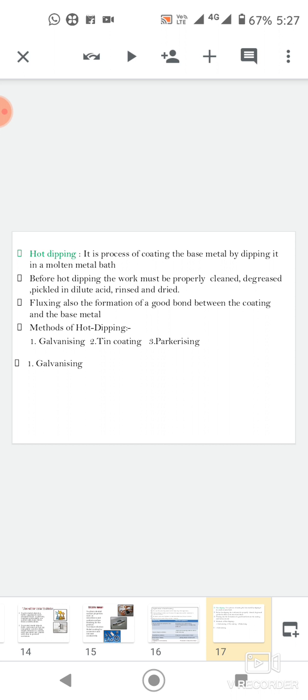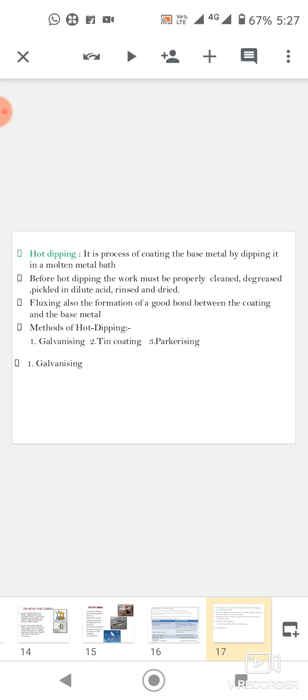Methods of hot dipping. Next topic. The following hot dipping methods are most commonly employed for coating iron and steel. First one is galvanizing, second one is tin coating, and third one is parkerizing.